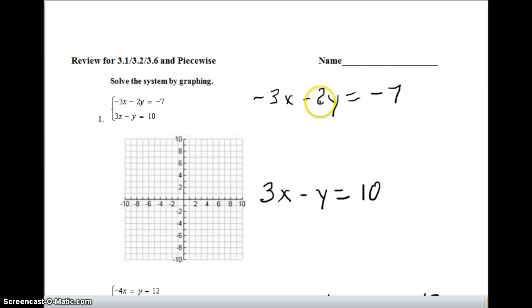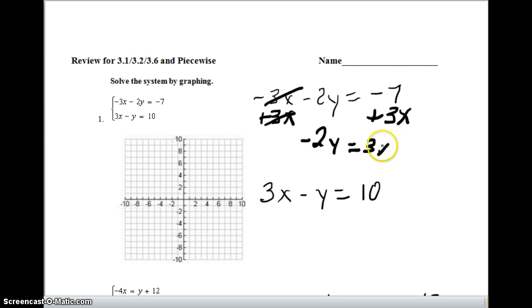Let's first solve for y here by adding 3x to both sides. And these are going to cancel out. So you're going to be left with negative 2y. Don't forget that negative. 3x minus 7.